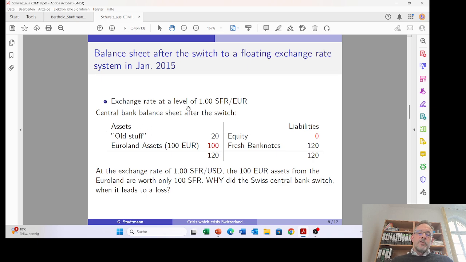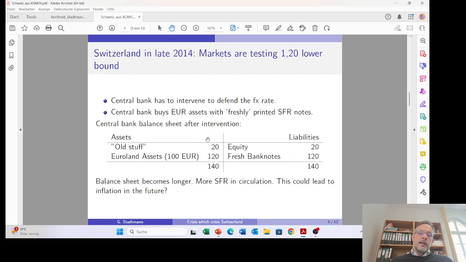So in case that the central bank has to intervene in the foreign exchange market in order to defend the fixed exchange rate, the central bank has to buy euro denominated assets and has to pay with freshly printed Swiss francs, so that the Swiss banknotes in circulation increase.